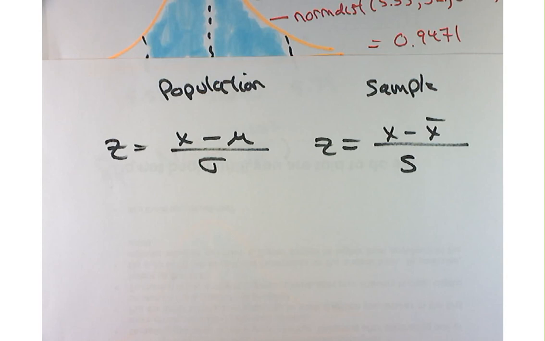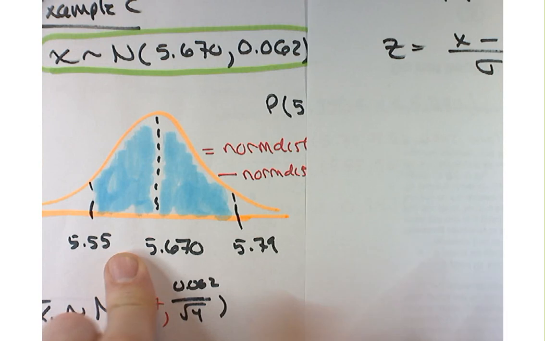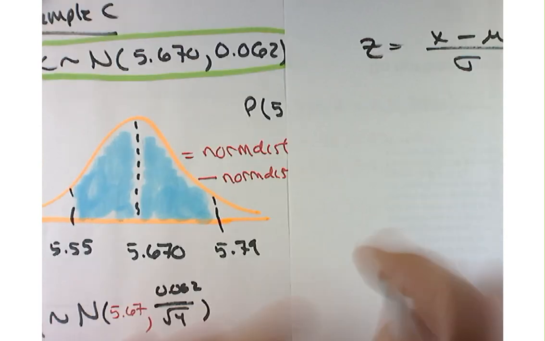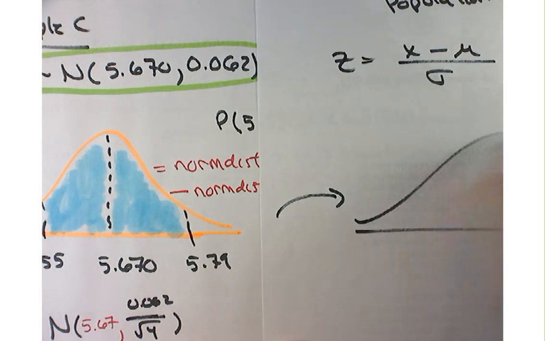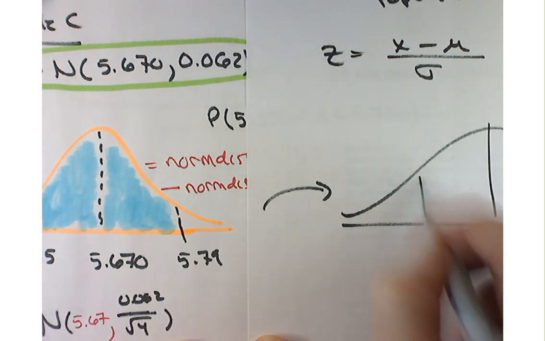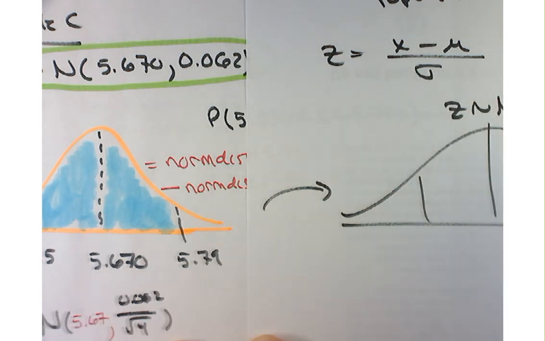Now here's what Google Sheets is doing for you. It's doing a lot. It used to be that we would calculate these areas by first of all doing a z transformation, and I'd have to calculate the z-scores, and that put things on the standard normal 0, 1 curve.